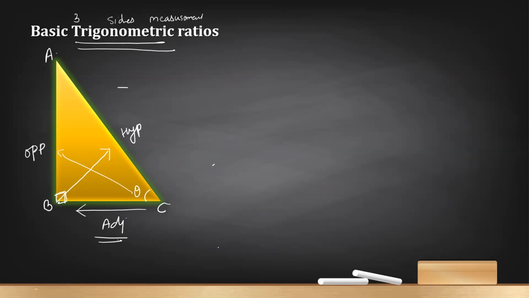First we have the sine trigonometric ratio. The number one that we have is sine. It is also written as sine theta, that means sine of angle theta. Sine is always equal to opposite upon hypotenuse.